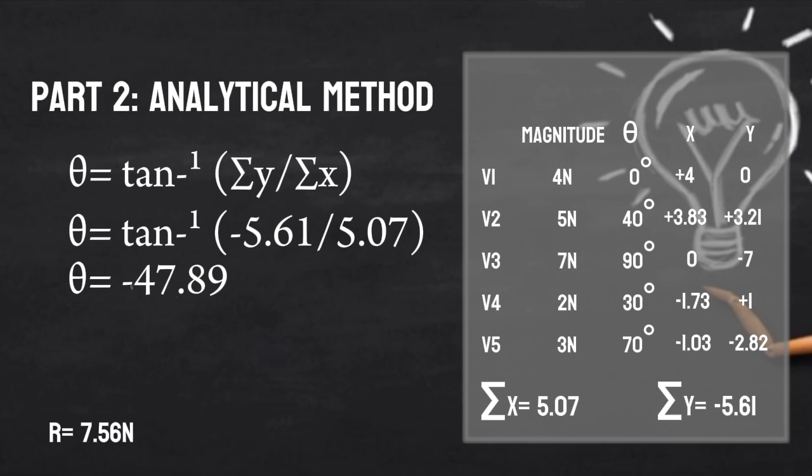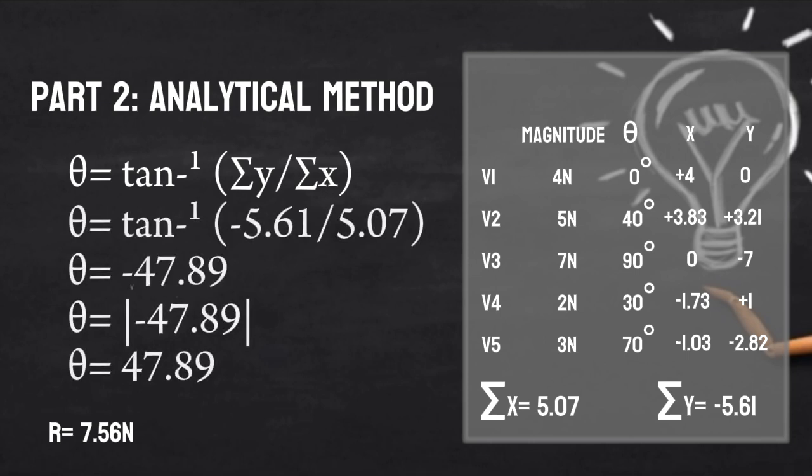But since there is no negative angle, let's get the absolute value of this one, and that is 47.89. And lastly, let's find the direction. Since we have the angle now, let's find its direction.